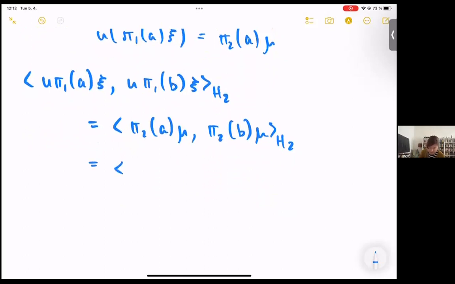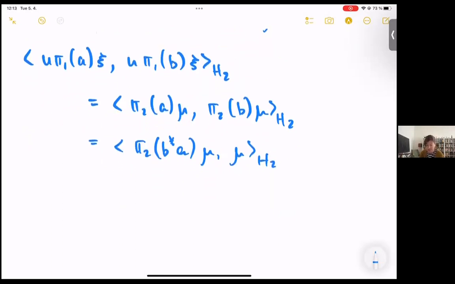And that's the same as pi 2 b star a mu in H2, just moving the pi 2 b operator across and then using the fact that this is a representation.